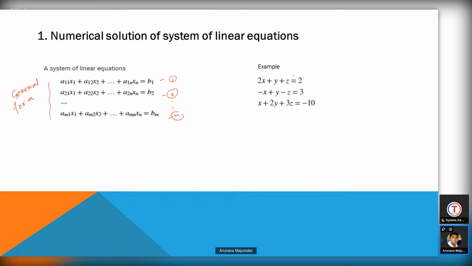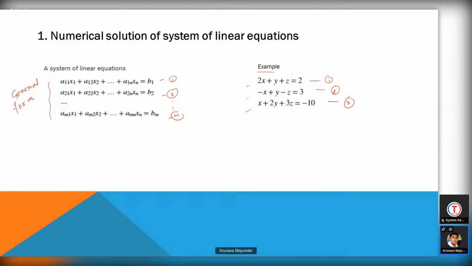One example is equation number 1, equation number 2, and equation number 3. Three equations are there, with three variables. Always remember that if the number of variables is less and the number of equations is more, then the equations cannot be solved. Such systems are called inconsistent.